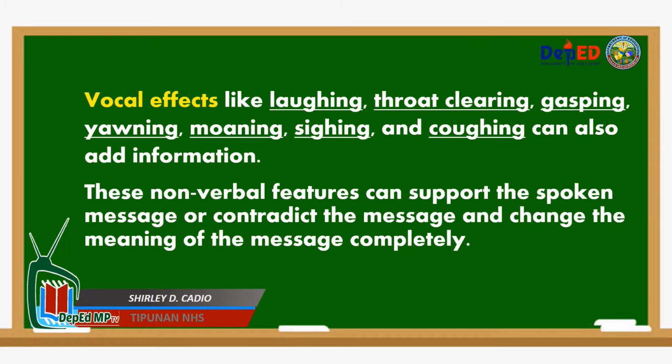Vocal effects like laughing, throat clearing, gasping, yawning, moaning, sighing, and coughing can also add information. These nonverbal features can support the spoken message or contradict the message and change the meaning of the message completely.